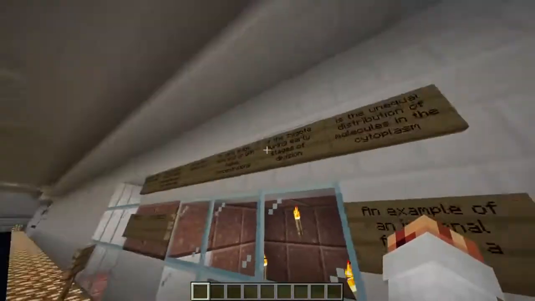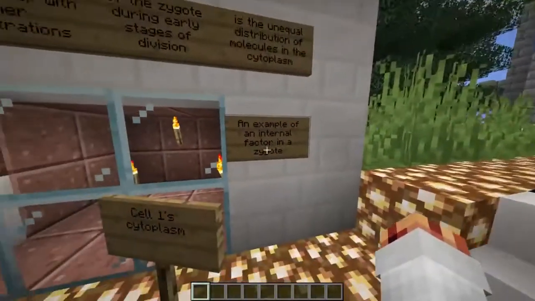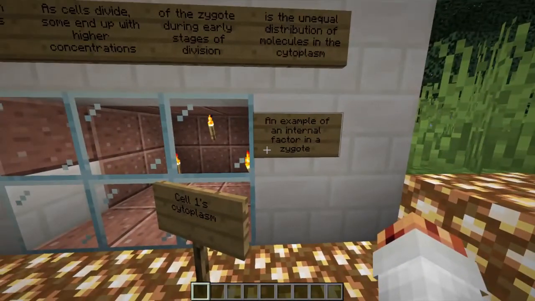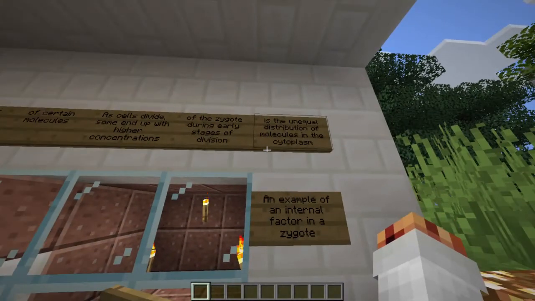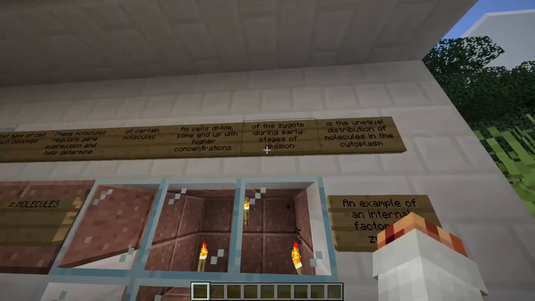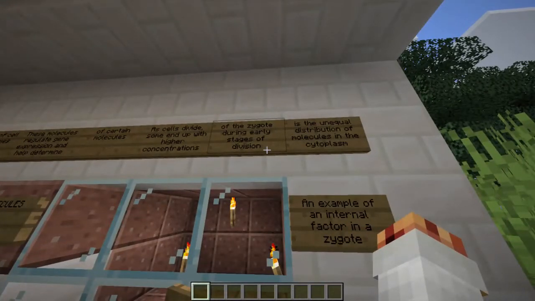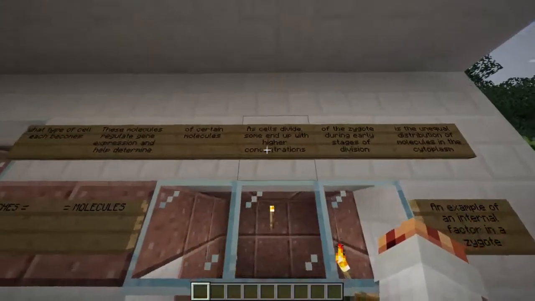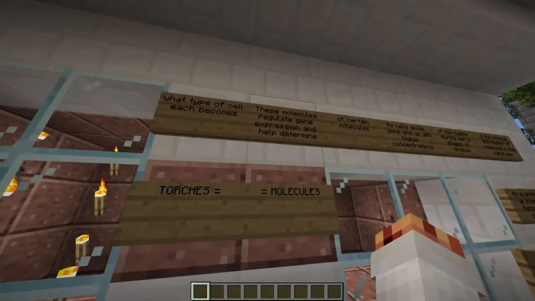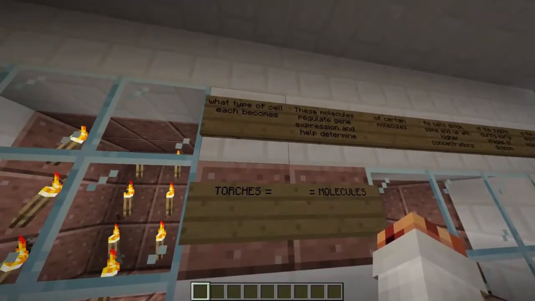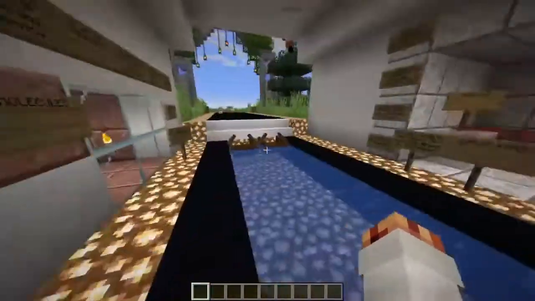So, an example of an internal factor in the zygote is the unequal distribution of the molecules in the cytoplasm during early stages of division. As cells divide, some end up with higher concentrations of certain molecules. These molecules regulate gene expression and help determine what type of cell each becomes.